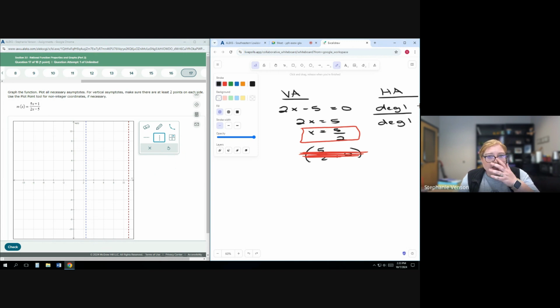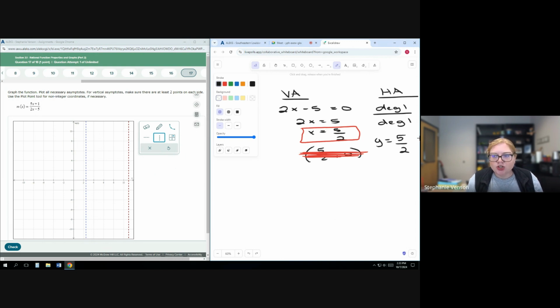Our rule states that if the degree in the numerator is equal to the degree in the denominator, which it is here, then the horizontal asymptote is y equals the ratio of the leading coefficients. The easiest way to say that is it's the leading coefficient in the numerator over the leading coefficient in the denominator, which happens to be 5 and 2. So y equals 5 over 2.